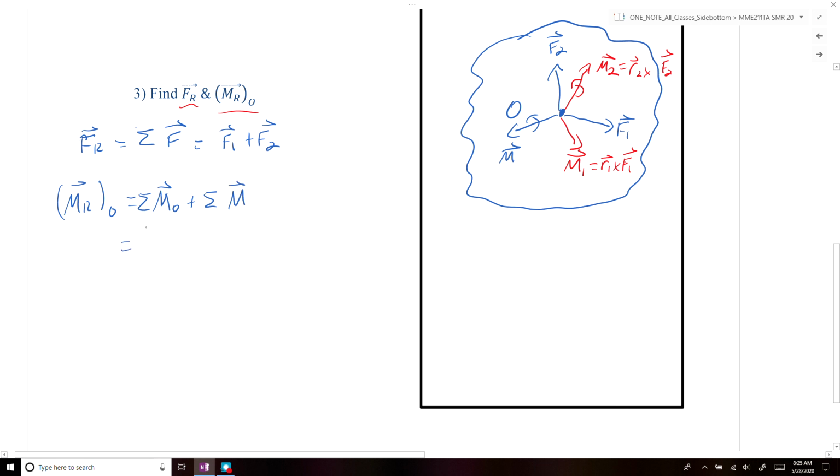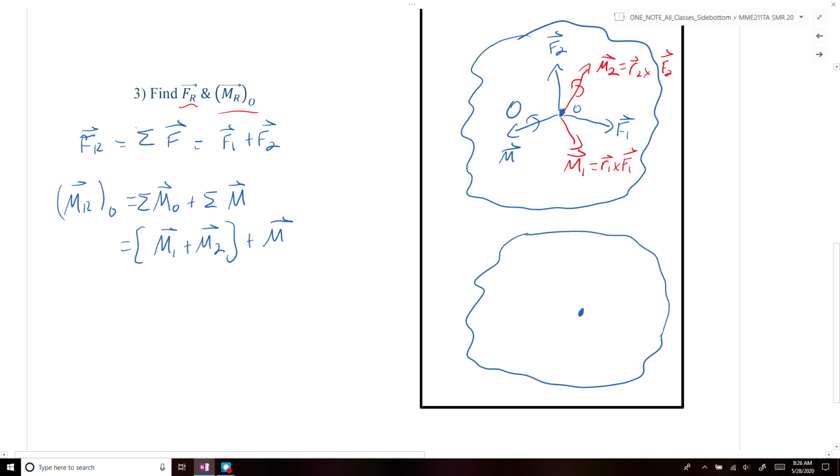In this case, it would be equal to moment 1 plus moment 2 plus our originally applied couple moment. So what this ends up looking like is, at point O, we end up getting just a single resultant force and a single couple moment.